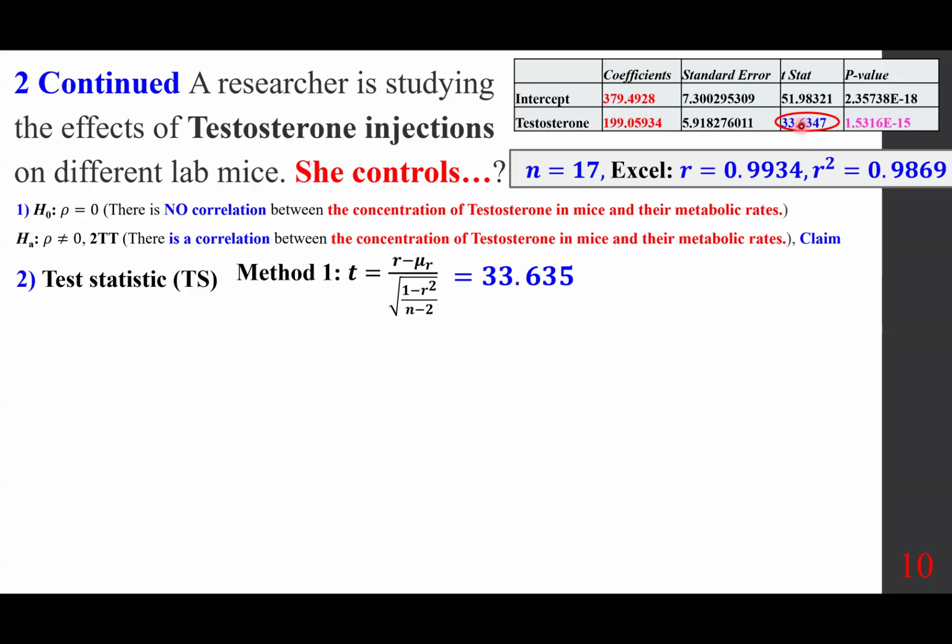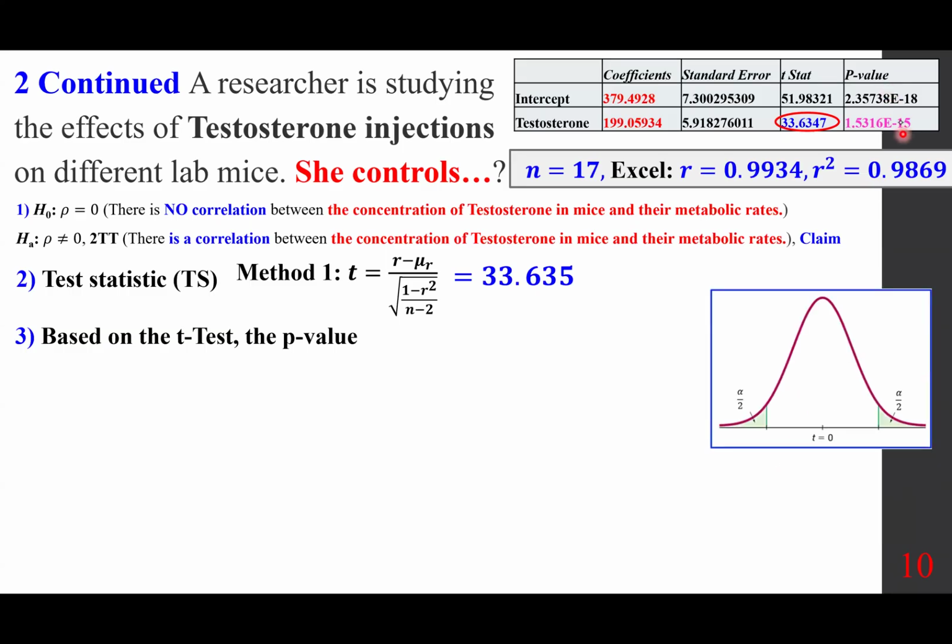Let's go with the second part. Remember, we go with the critical value, but if we have run technology, it has given us the p-value. So based on the t-test, the p-value is this number.